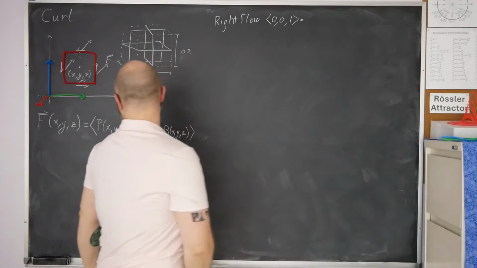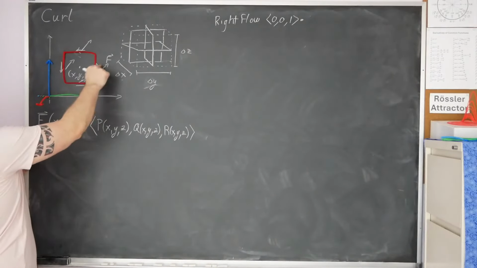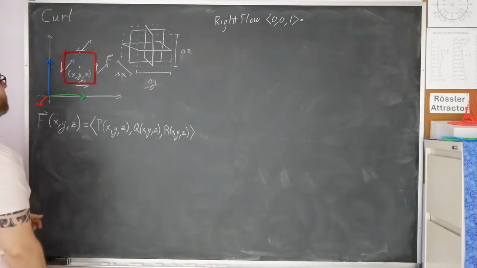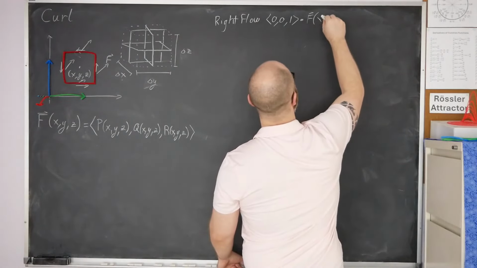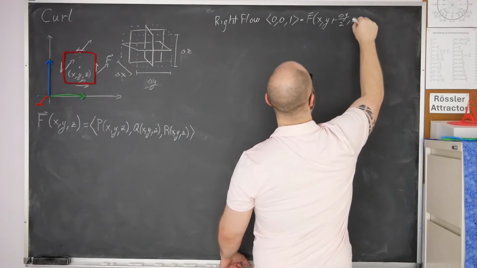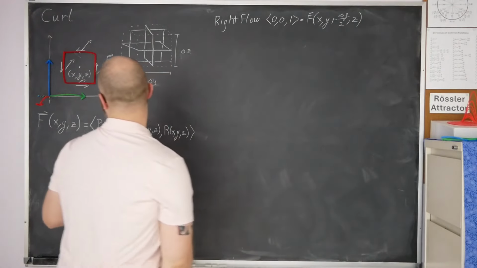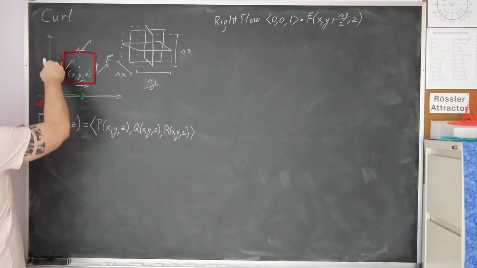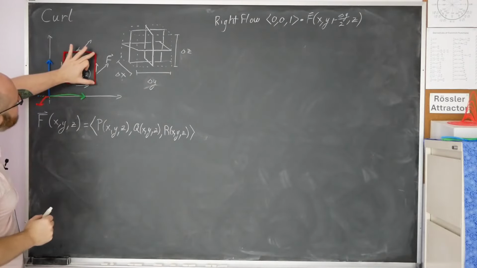We dot that with the F vector here, at the same height, but moved over in the y direction by delta y over 2. So we get F of x, y plus delta y over 2, z. We also multiply by the side length. If this is the y-axis and this is the z-axis, this side length is delta z.